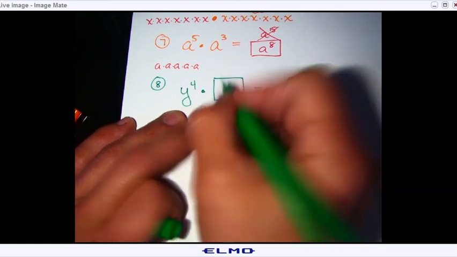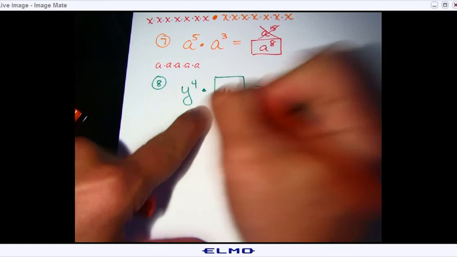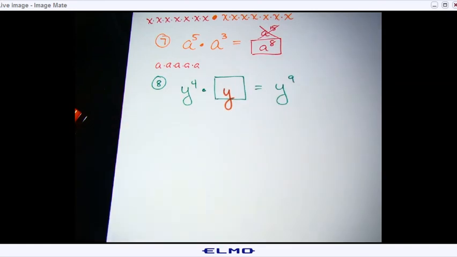So you know that it has to be the same base, correct? It has to be the same base. So I need a y, but to what power, Angelica? To what power? To the power of what? Yes. How'd you get 5?